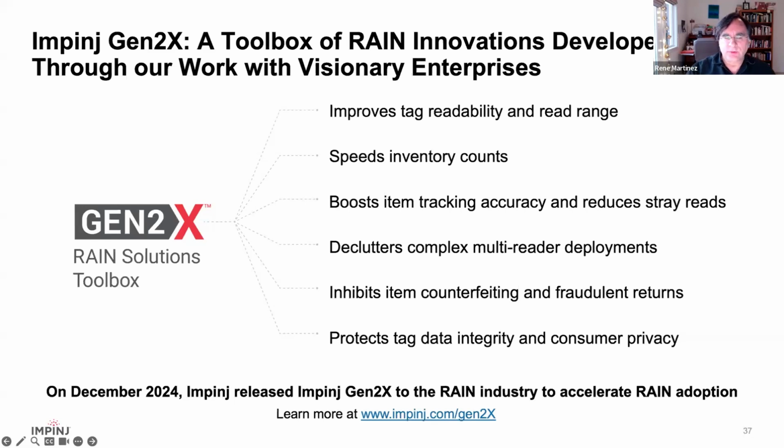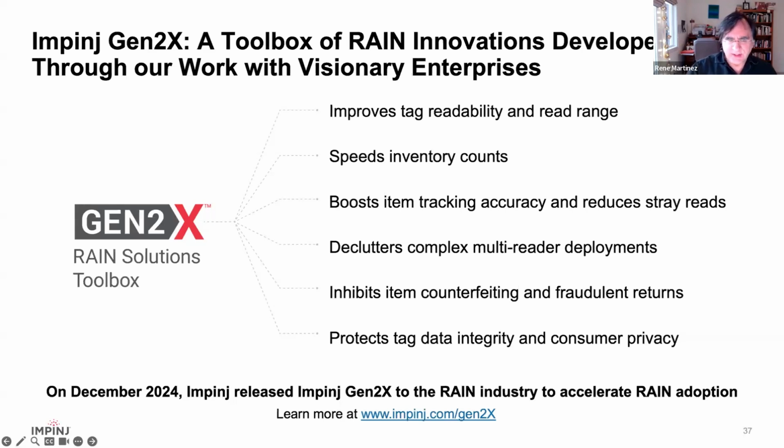In December of 2024, Impinj released Gen2X to the RAIN industry, and it's now available in tag and reader products. Claude graciously offered Impinj a few minutes to talk about Gen2X in this Gen2v3 webinar. But for further questions about Gen2X, I would point you to the link at the bottom of this slide. After all, this is a Gen2v3 webinar.